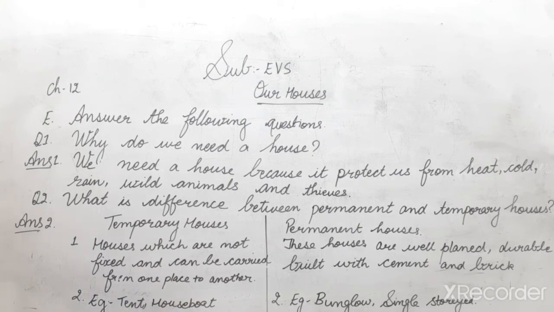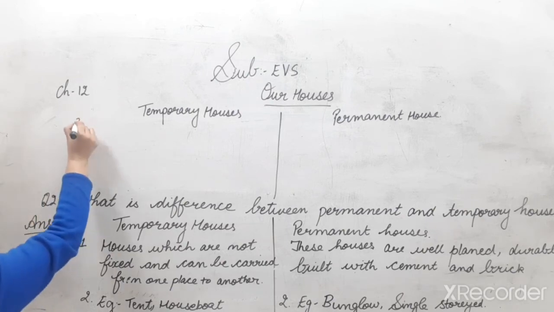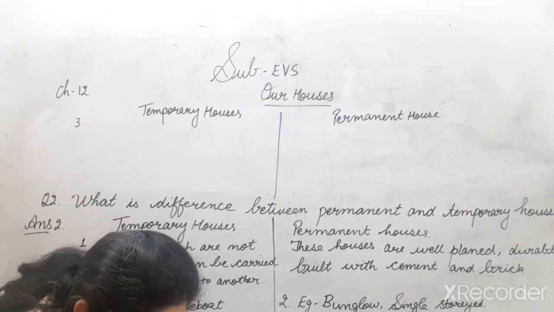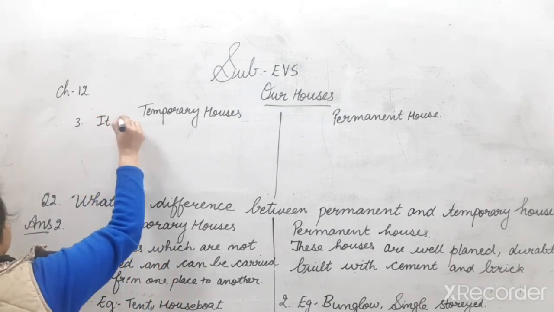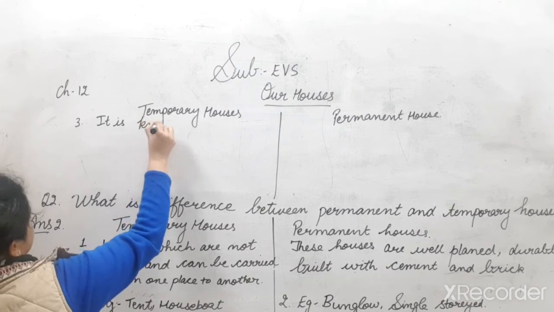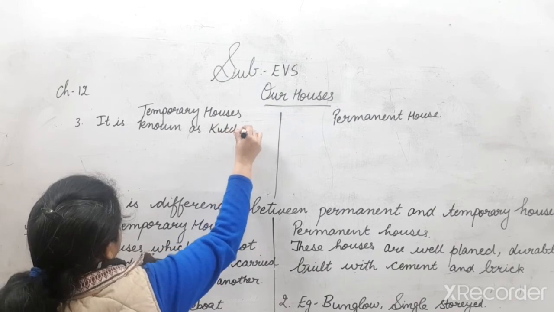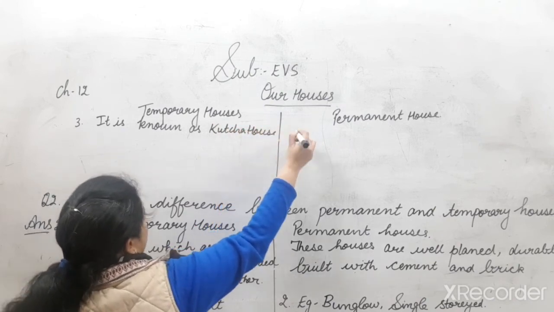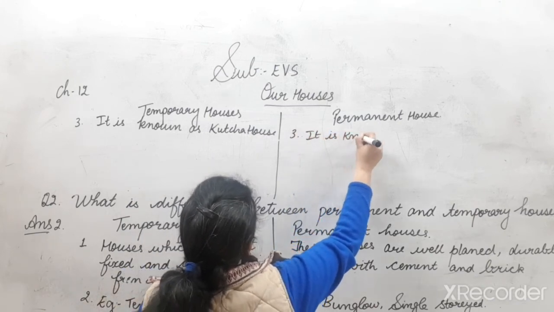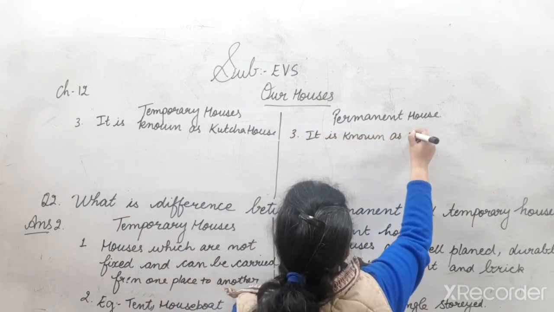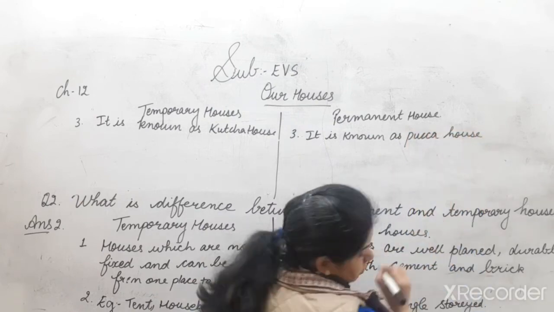Okay, now third point is it is known as Kacha house, and third point, it is known as Pakka house.